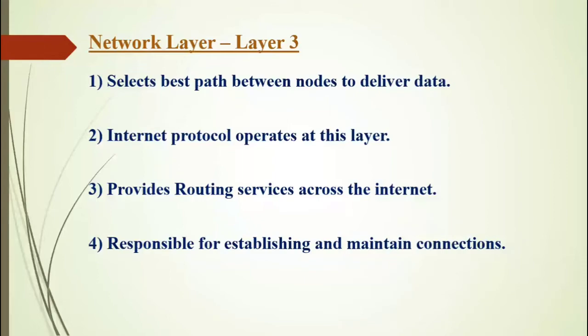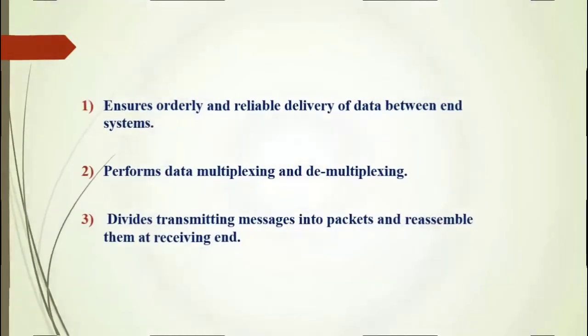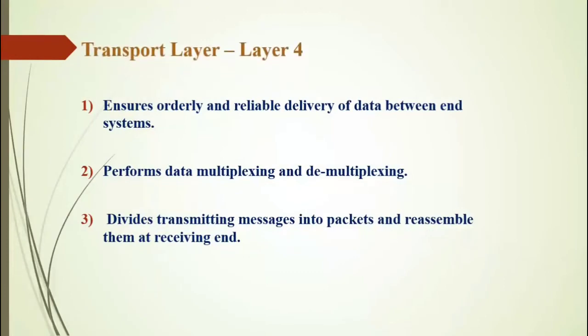Next one is the transport layer. This is the fourth layer of the OSI reference model. The transport layer provides services to the application layer, and it takes services from the layer below, that is the network layer.